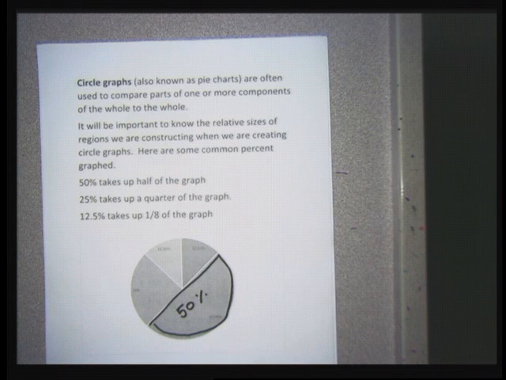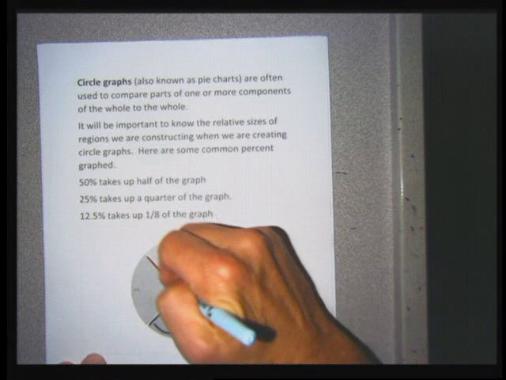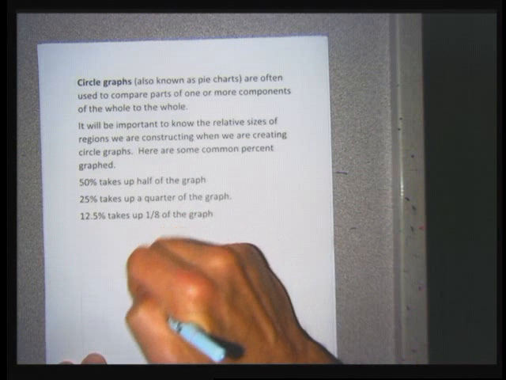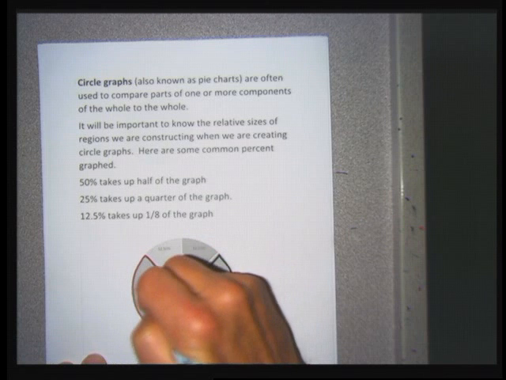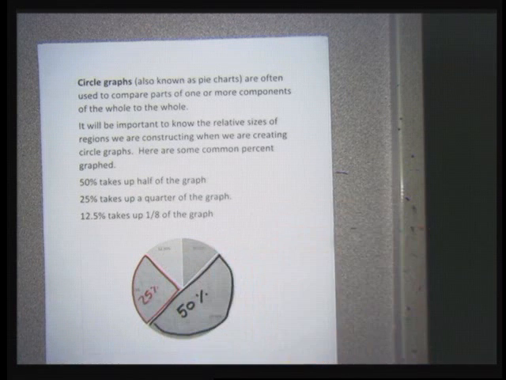So 50% is half the circle, and then this region right here is a quarter of the circle, which is a piece that represents 25% of the circle.